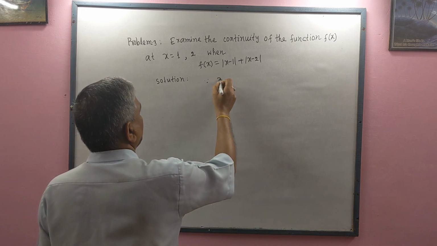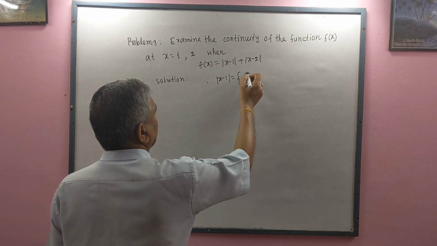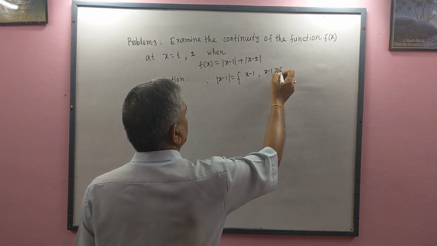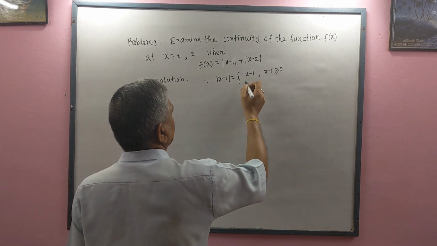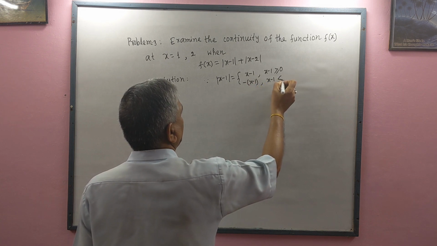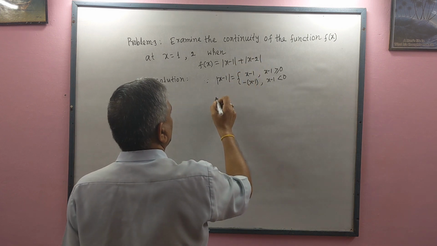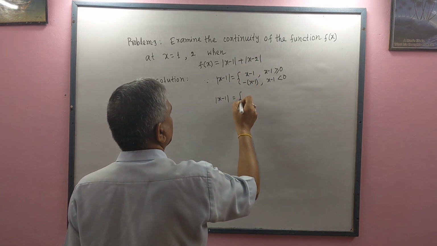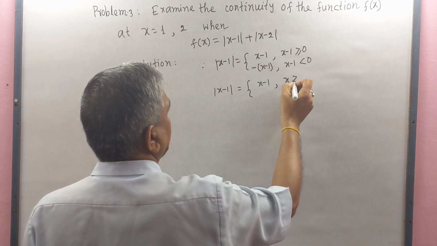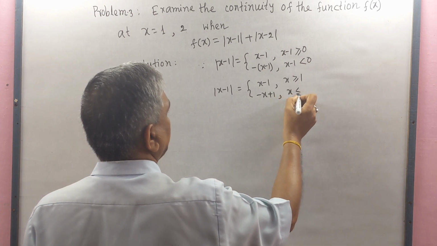Since modulus of x minus 1 equals x minus 1 for x minus 1 greater than or equal to 0, and this is minus (x minus 1) for less than 0, that is modulus of x minus 1 equals x minus 1 for x greater than or equal to 1 and minus x plus 1 for x less than 1.